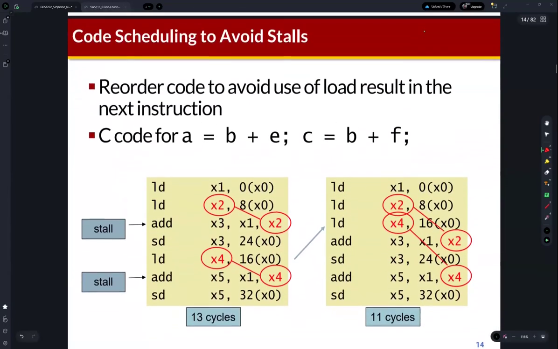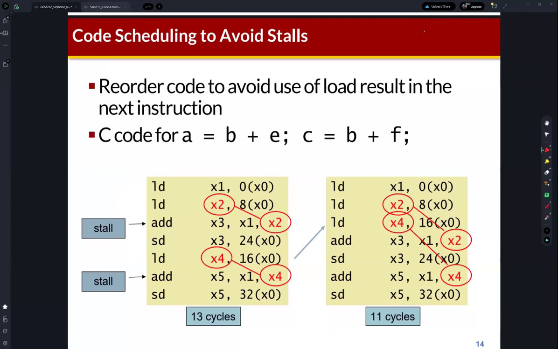Then how can we improve the performance? We need to figure out some ideas that can improve the performance. So this is the compiler optimization technique.